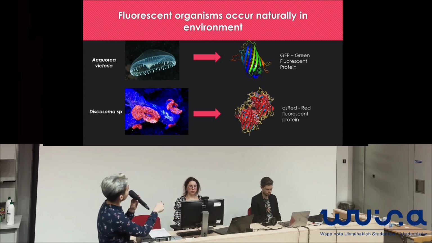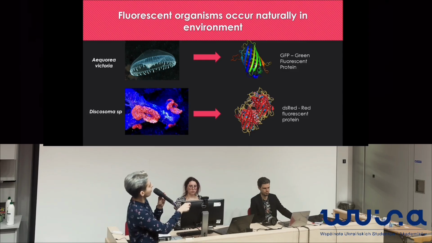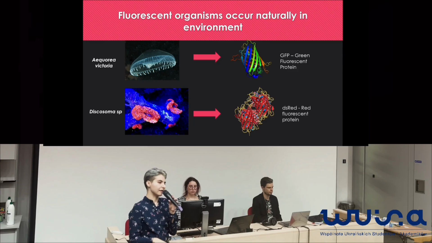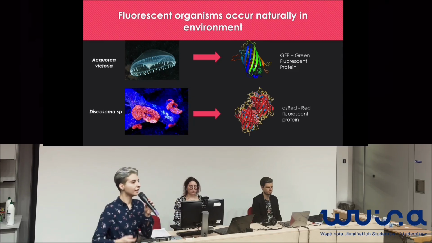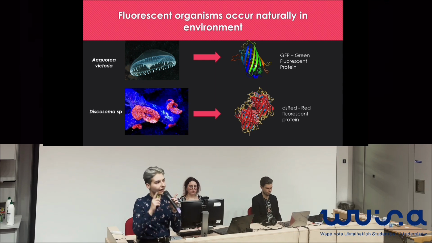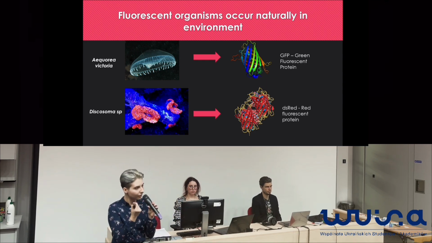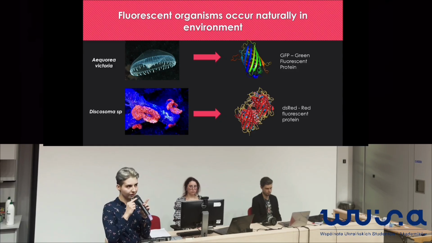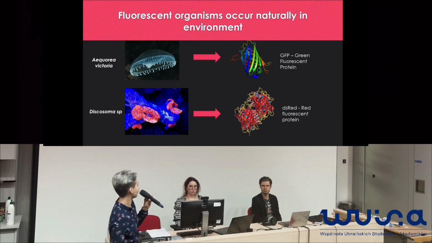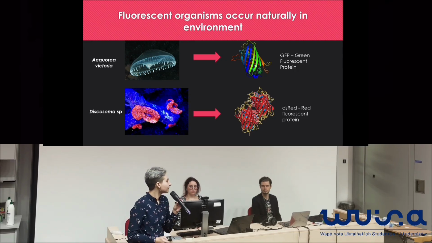For example, the jellyfish has green fluorescent protein called GFP, and this coral has red fluorescent protein. So, scientists thought, wait, these organisms have proteins that can glow. What if we put those into different organisms? Will they also glow? Yes, but how do we do that?